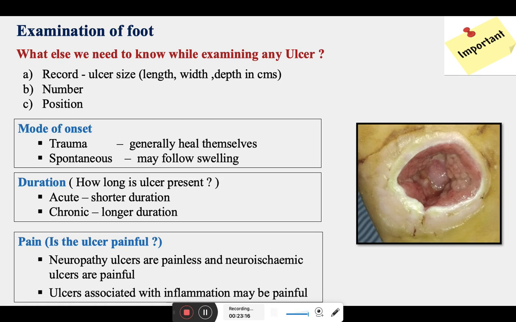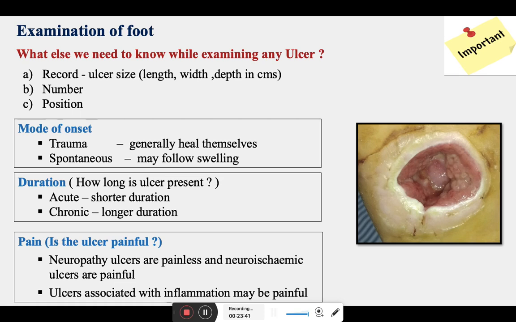Then what is the number and what is the position? Position is also very important because we know that neurogenic ulcers are mainly present on the plantar aspect of the foot, but in case we talk about pressure ulcers, which may be bed sores for example, the position is very important for us to understand.